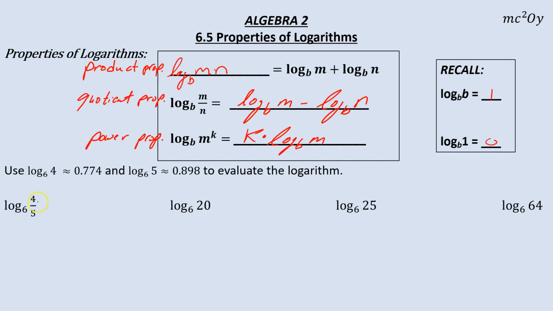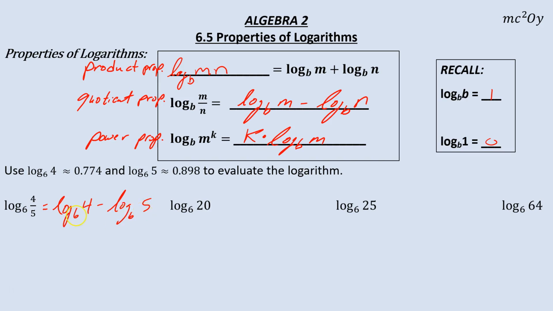When I'm dividing the 4 over 5, I can expand it using the quotient property to log base 6 of 4 minus log base 6 of 5.